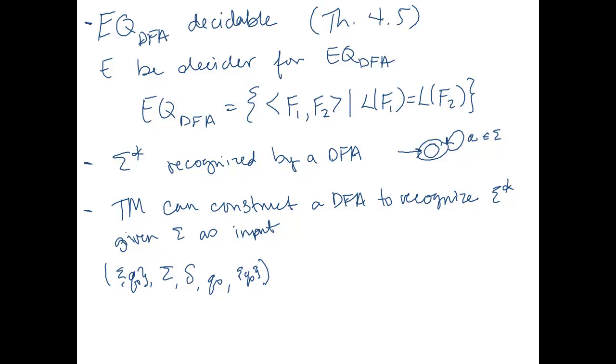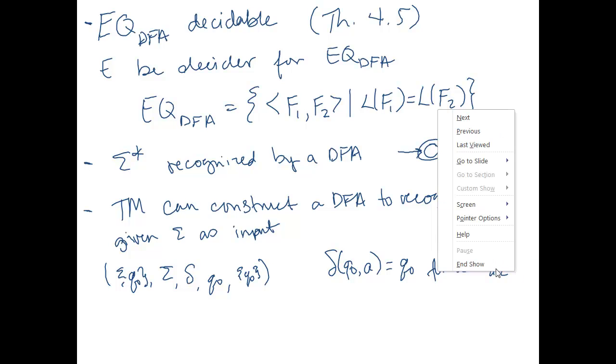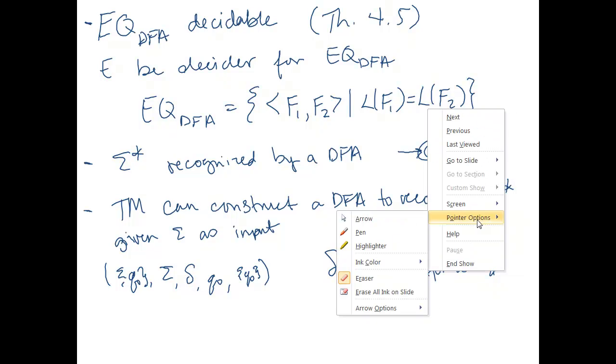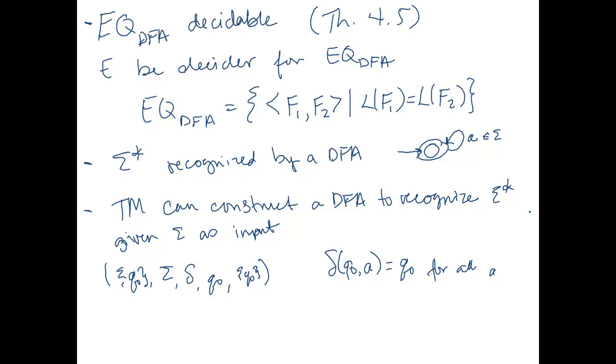And then how would we define delta? We would define delta of Q0 on A equals Q0 for all A element of sigma.